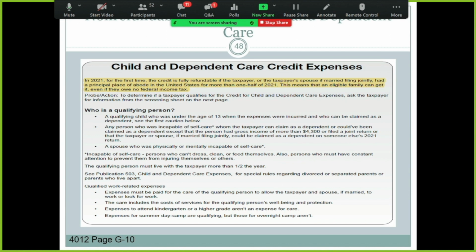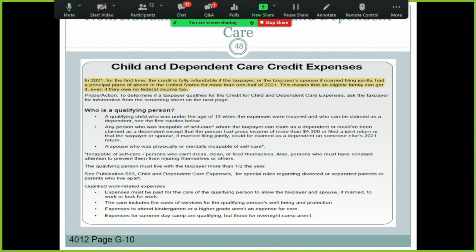The care includes the cost of services for the qualifying person's well-being and protection. Expenses to attend kindergarten or higher grade aren't an expense for care. But if they go to after-school care, then that after-school care portion does qualify as an expense and for the credit.